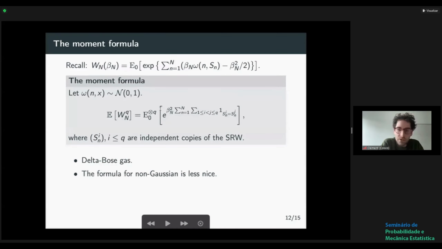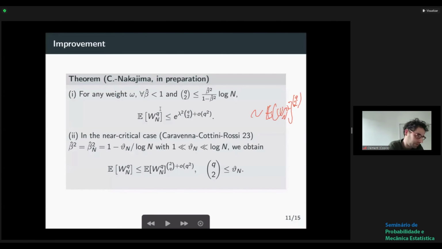Somehow what you need to prove is that each one of these couples behaves independently from the others, so that this becomes something like the second moment of Wn squared to the power q choose 2, because q choose 2 is the number of couples, and this gives you exactly this q choose 2 here.